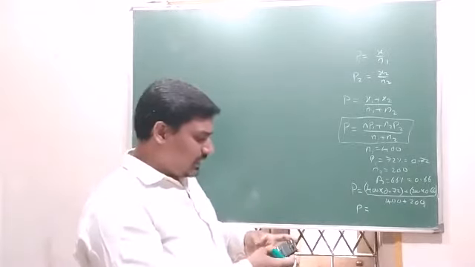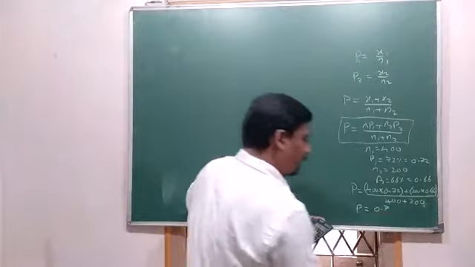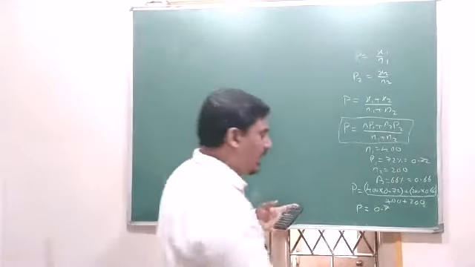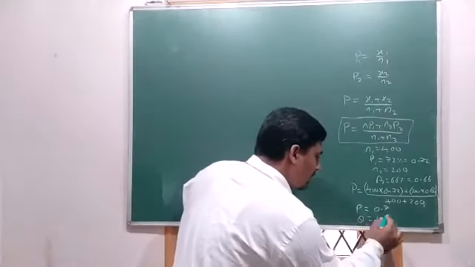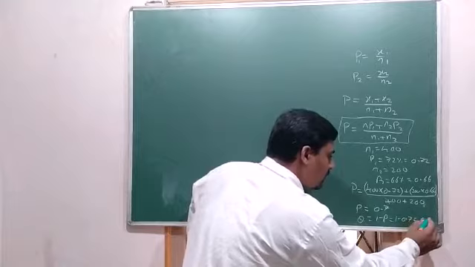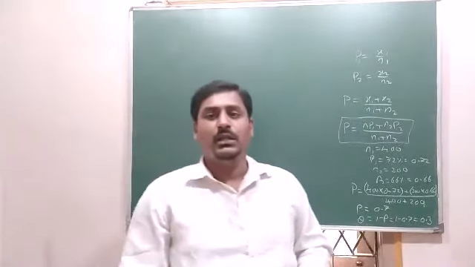So 420 divided by 600 is equal to 0.7. So capital P is 0.7 and Q is equal to 1 minus P, that is 1 minus 0.7, equal to 0.3. So P is 0.7 and Q is 0.3.